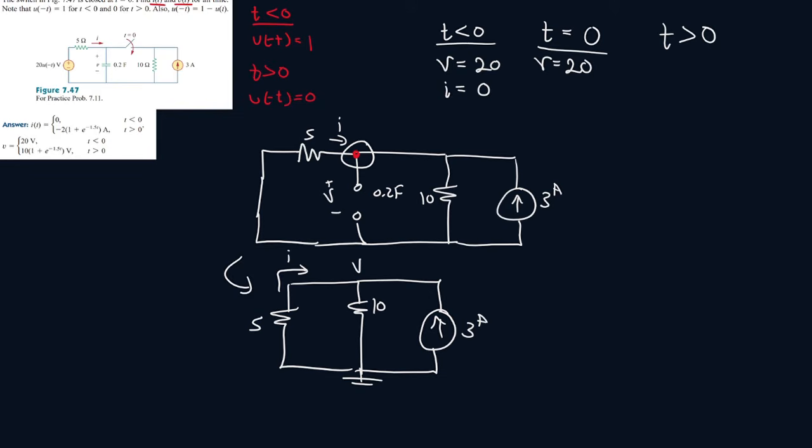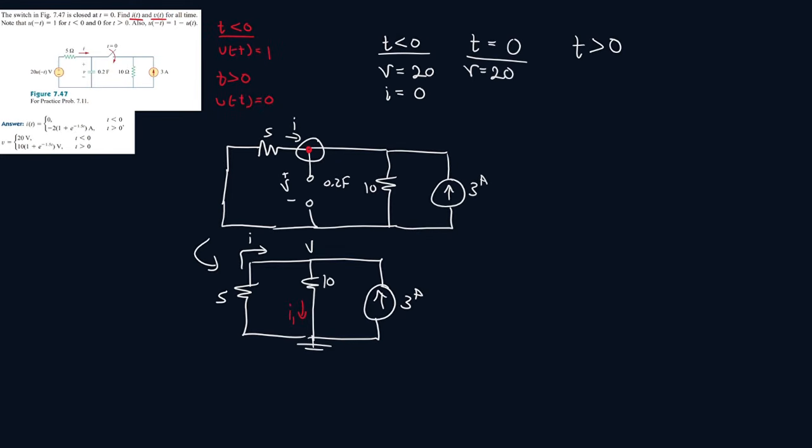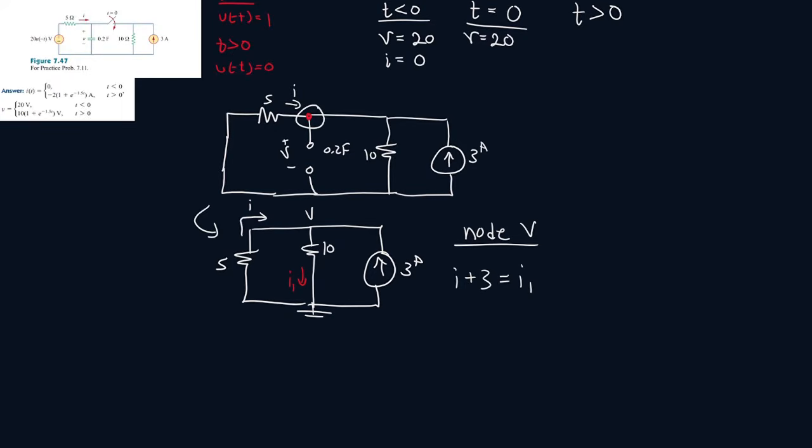Let's do a nodal analysis. Let's call a current passing through here I1. So the node for V will be I1 plus 3, which is entering it, is equal to I1, which is leaving it. So I1 goes from 0, the ground node, to V, so (0 minus V) all over 5, plus 3 equals I1, which is V over 10.